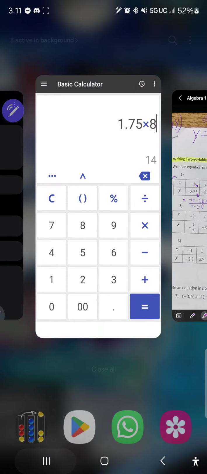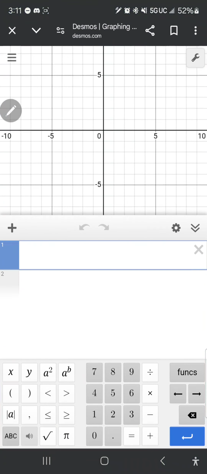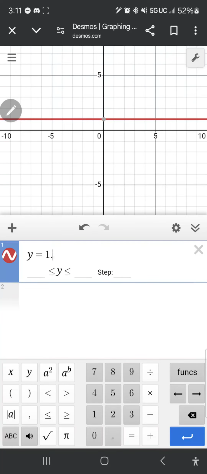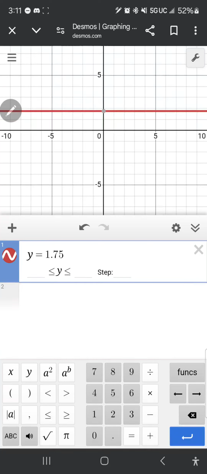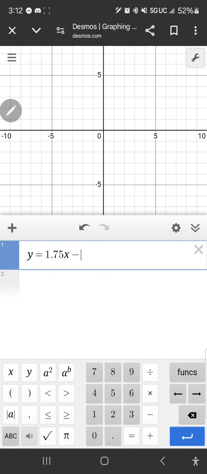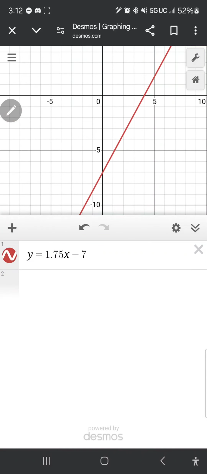And if you want to check it, you can go to a calculator. This is the Desmos graphing calculator. You can Google it. And we enter 1.75x minus 7.